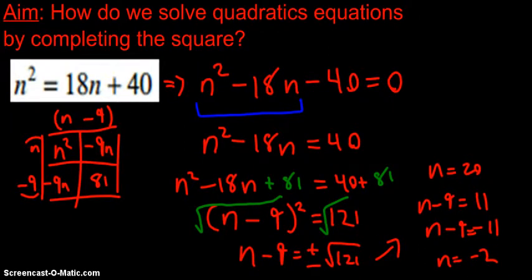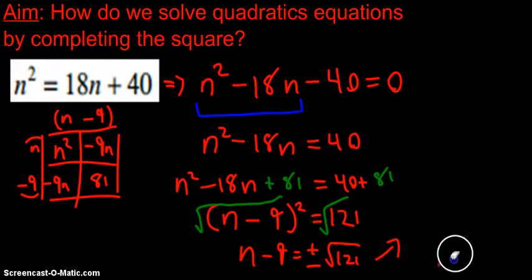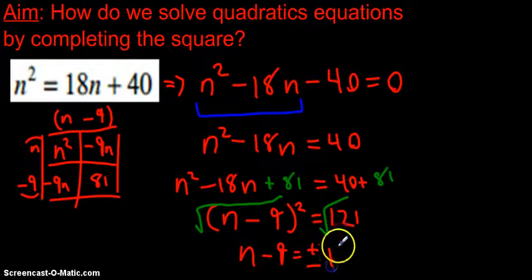So I want to make this more clear. If you multiply, it's positive and negative the square root of 121, which is 11. Because 11 squared will be 121, and negative 11 squared is also 121. So in case that's not clear, that's what happened there.